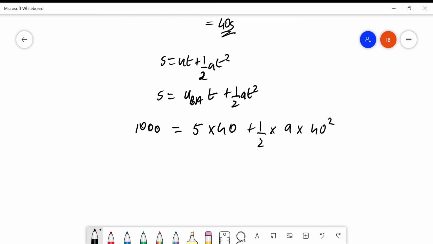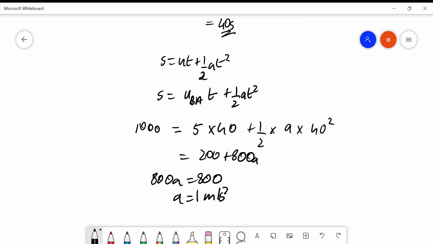So that is equal to 200 plus 800A, and 800A is equal to 800. So A is equal to 1 meter per second square. Therefore acceleration is 1.